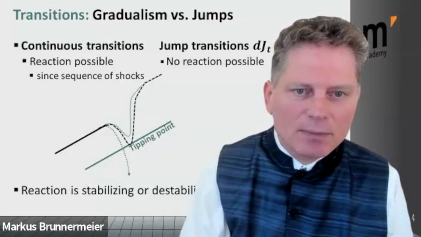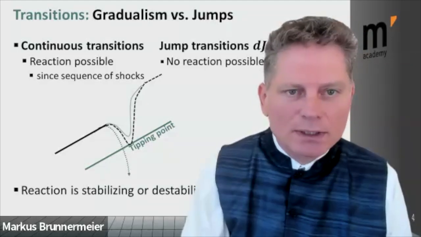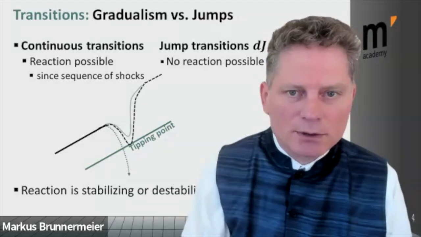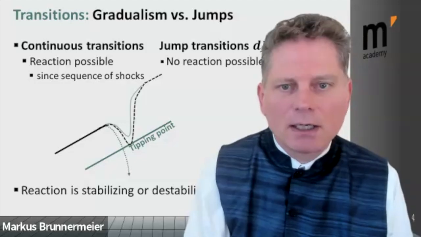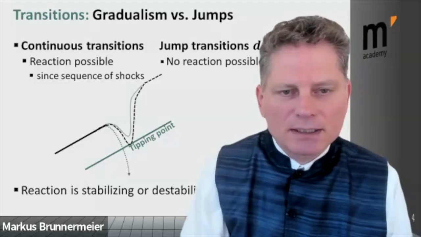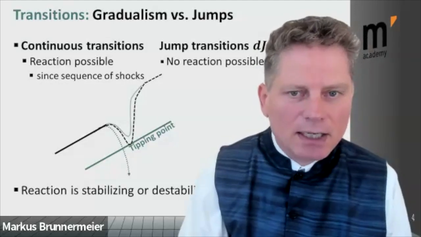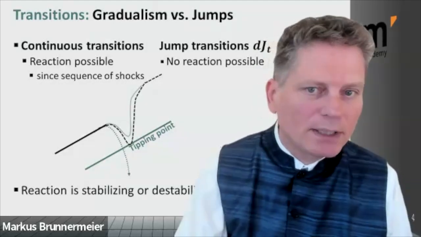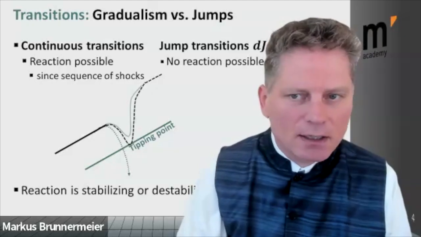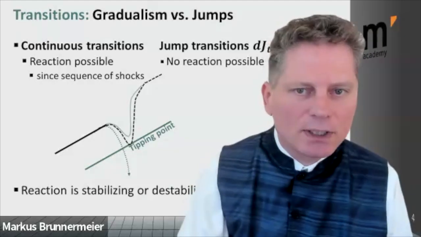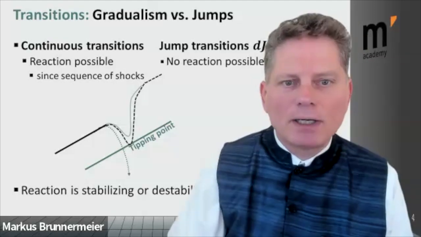It depends very much whether you can react. In a continuous process, you can react after each little shock. And the question is, is this reaction stabilizing or destabilizing? If it's destabilizing, it's actually better to have one big jump because the reaction itself leads to feedback loops and makes the situation worse. And actually, you might hit the tipping point.